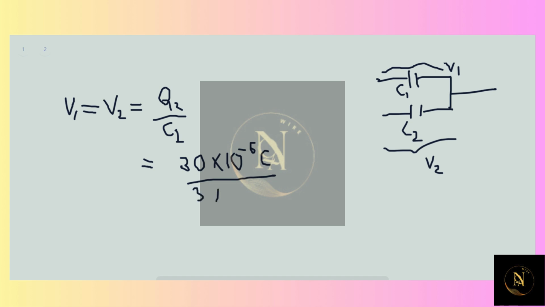So this is 3 times 10 raised to negative 6 farad, and the value comes out to be 10 volts.